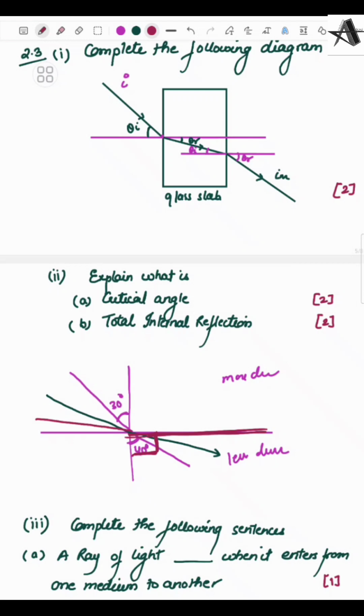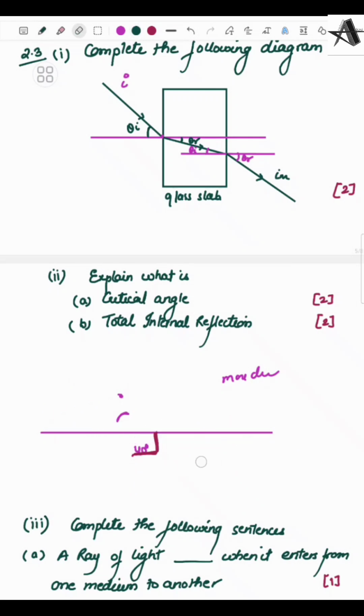If you increase the angle further like this, obviously it will move more away from the normal, so greater than 90 degrees. So it will be like this. So what's happening here? It's very easy to understand that if you have increased it more, this is the angle of incidence, and this was the angle of refraction.